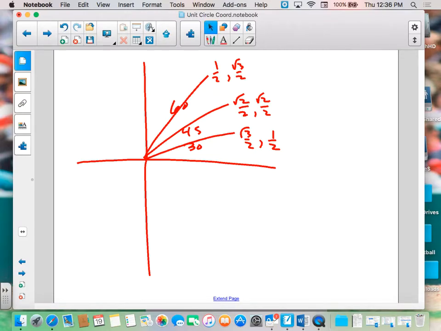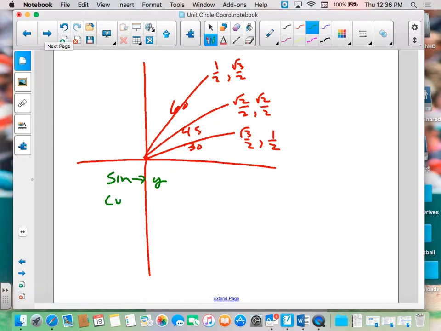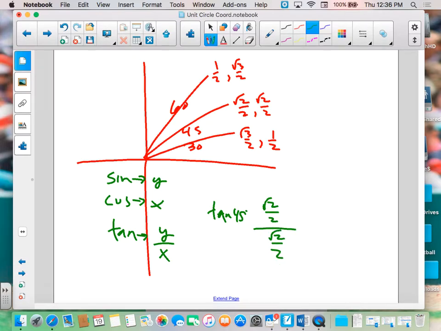Now, what I'm going to do is, you know that sine goes with y, cosine goes with x. Well, tangent we haven't talked about. It's y over x. So I'm going to put the tangent answers up here in green. Well, in this one, the tangent of 45 would be the y value, root 2 over 2, over root 2 over 2. Well, if you divide the same thing by itself, you're going to get 1. Tangent of 45 is 1.